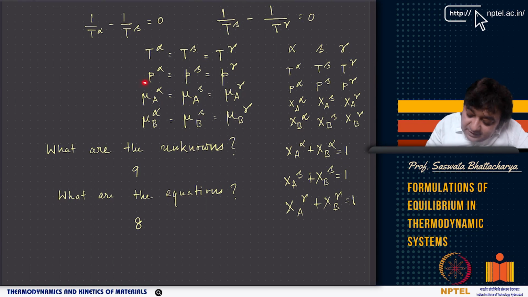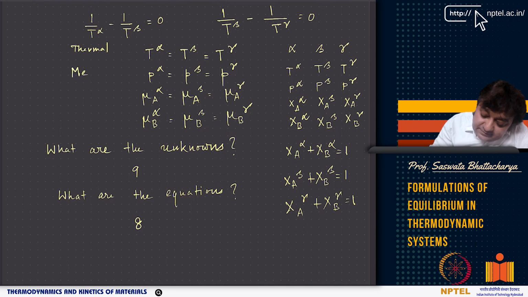Similarly, one can write P alpha equals P beta equals P gamma. Now, this is the statement of thermal equilibrium between three subsystems, and P alpha equals P beta equals P gamma is basically mechanical equilibrium. And then you have chemical equilibrium for each species. These are all equilibrium conditions.